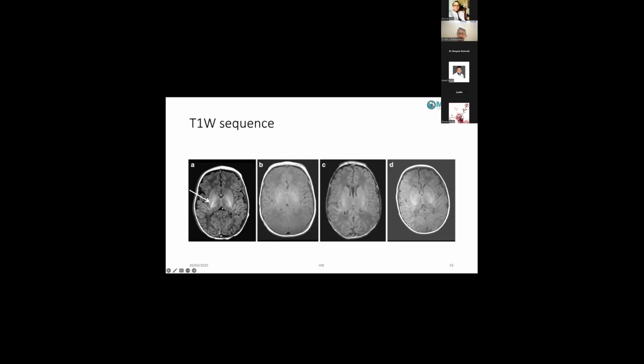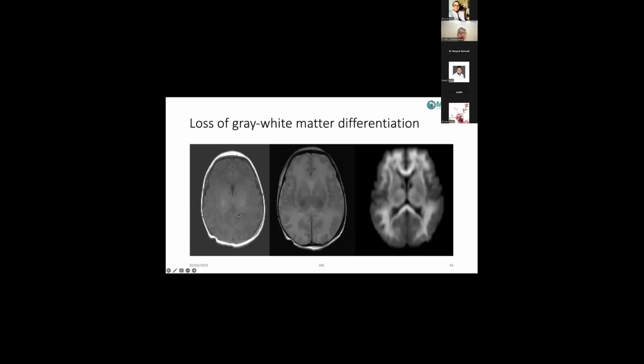But when you come here, with loss of gray-white matter differentiation, you cannot make out anything except some remnant of the ventricles. Extensive cerebral edema. You cannot make out any PLIC here. Same here. Forget about the third image, that's a diffusion weighted image. When I say loss of gray-white matter differentiation, this is what I mean. It has become fuzzy.